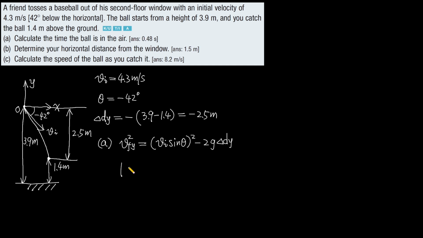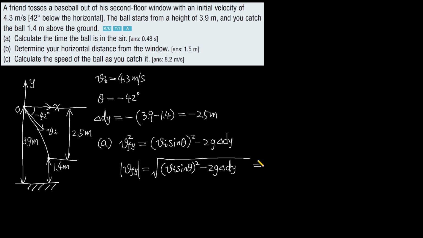So the magnitude of the final vertical velocity equals the square root of the initial velocity multiplied by sin theta, squared, minus 2 multiplied by acceleration g multiplied by the vertical displacement.